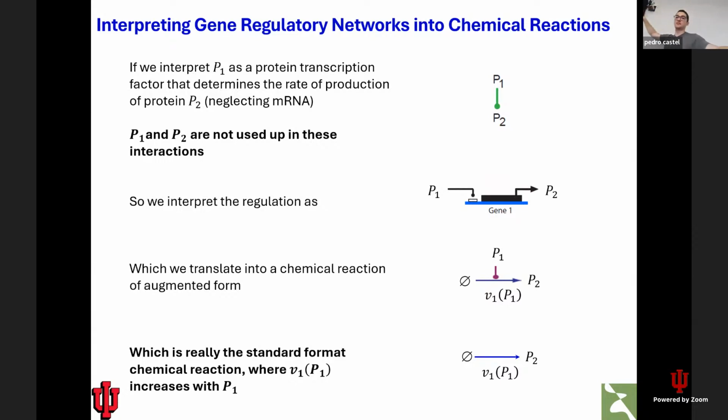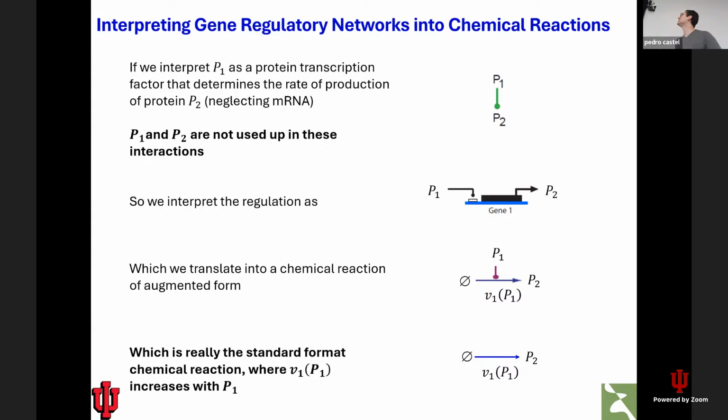So you have this horizontal bar, then P1 goes to this horizontal bar representing the gene, and then another protein, P2, is coming out of that, being upregulated by the gene.